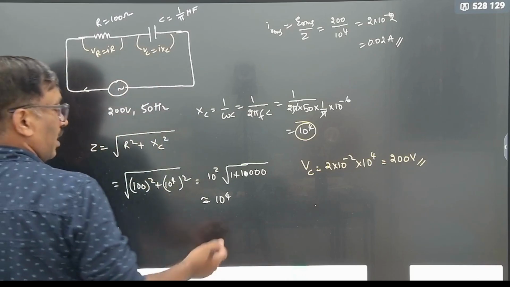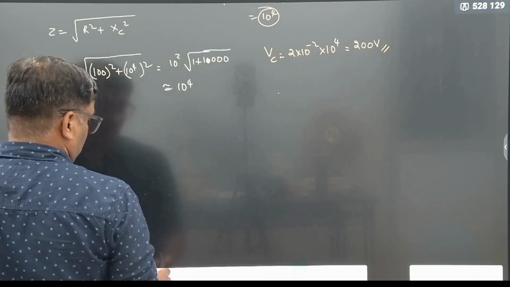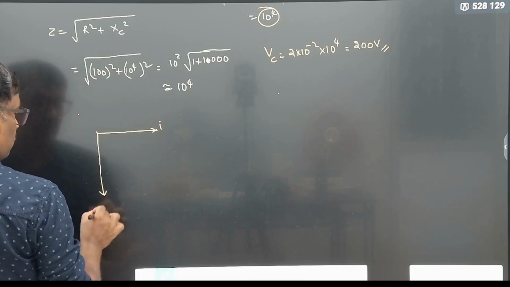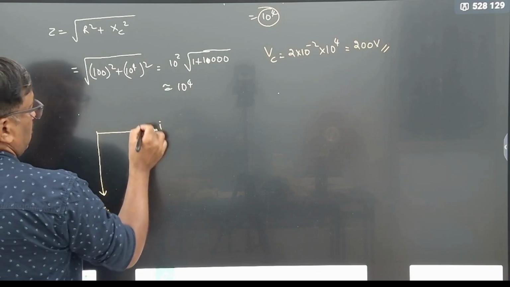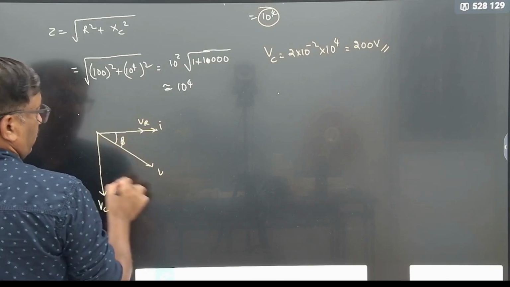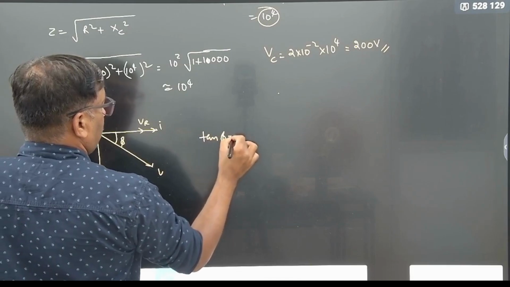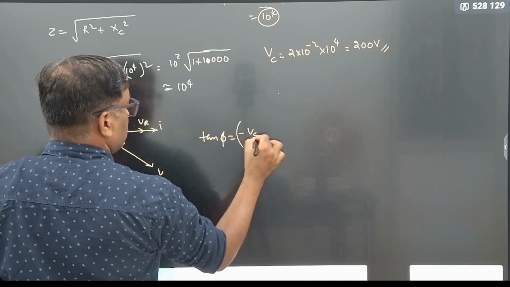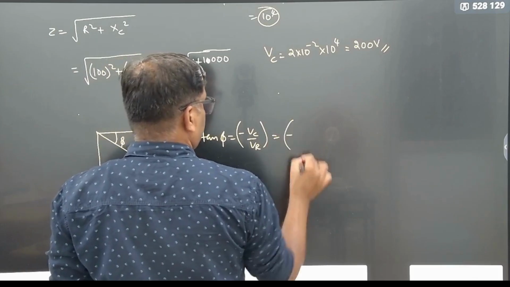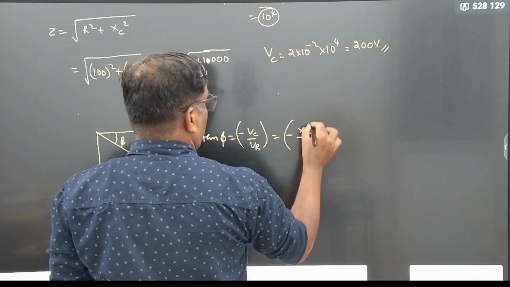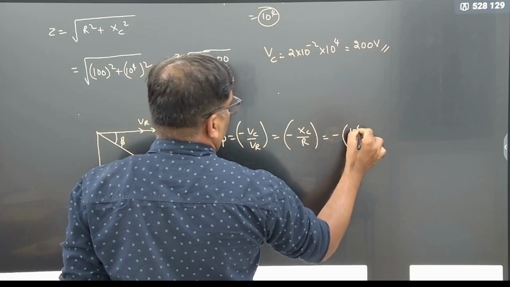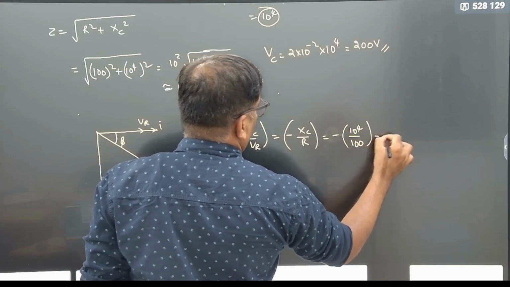Now let us see again, what will be your phase difference? What will be your phasor diagram? This is your current, this is your voltage V C, this is V R, and this is your resultant. This is your phase difference, therefore tan phi equals minus V C by V R, that is minus XC by R. XC is 10 to the power of 4 divided by 100, so minus 100.